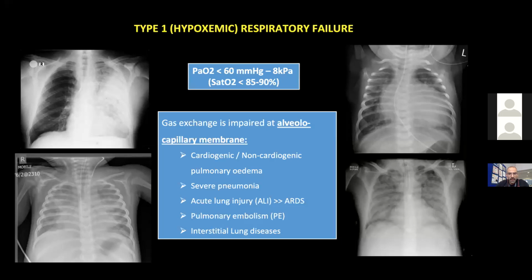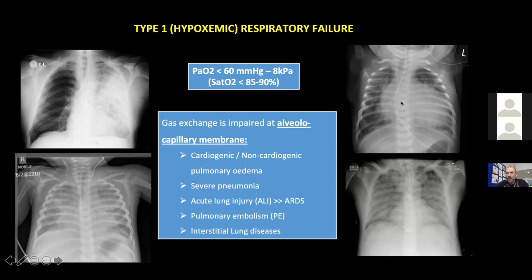So these are the X-ray pictures of a type 1 respiratory failure. On this side you will see a left-sided pneumonia. On this side you will see acute lung injury or ARDS, bilateral infiltrates with no cardiomegaly and no other explanation for these infiltrates.